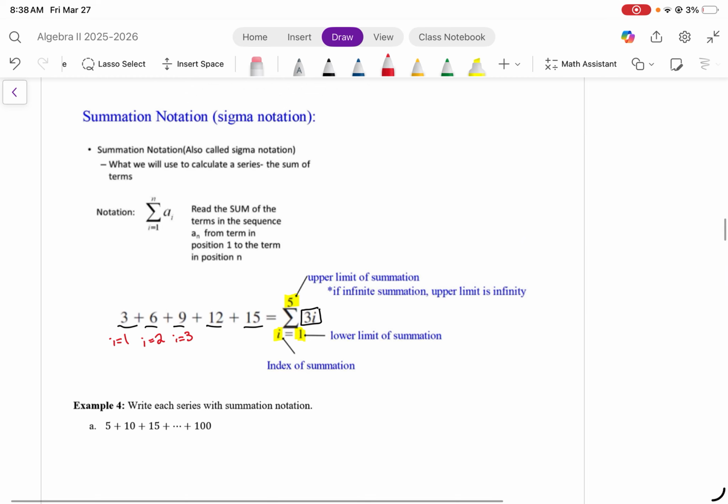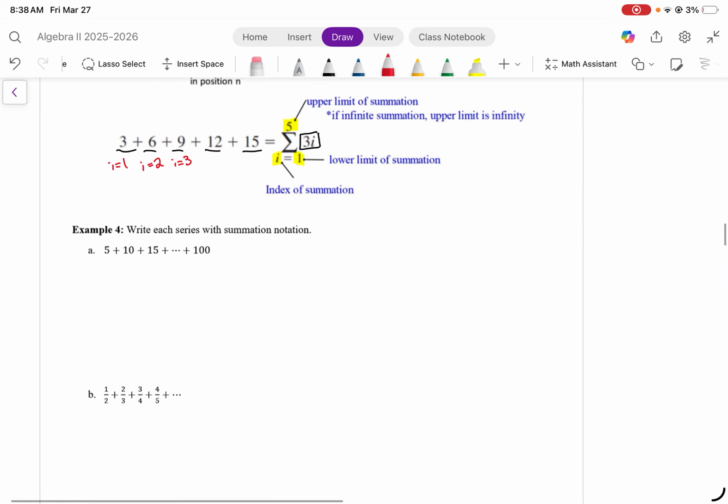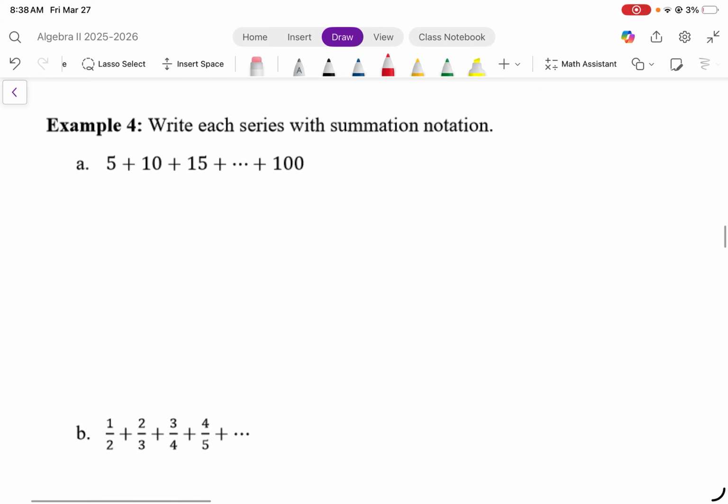So we are going to practice writing each series in summation notation. With those, there are 3 different steps. Your first step, you are going to write the symbol and then your lower limit with the index. You can use I or N, whichever you prefer, equals 1. With these ones, we're always going to be starting with the 1st term, so you can start with 1.